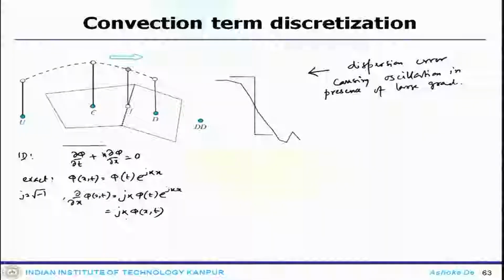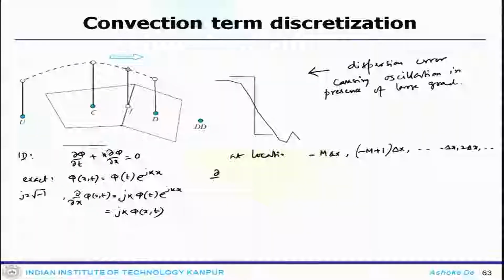Now, with the interpolation profile, the numerical approximation of the gradient is written in terms of phi at locations, let us say minus m delta x, minus m plus 1 delta x, and so on, like delta x, 2 delta x, like that.